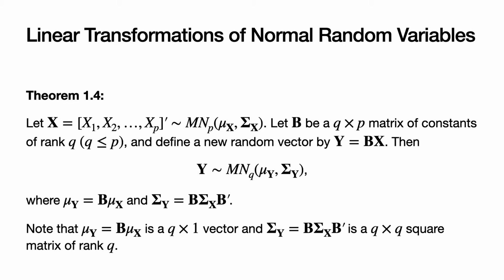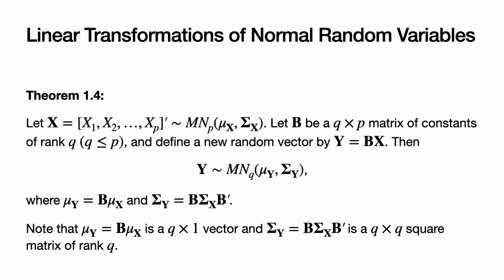Let X be a p×1 random vector that varies according to a multivariate normal distribution of rank p, where the mean vector for this multivariate normal distribution is denoted by mu sub x, and the covariance matrix is denoted sigma sub x.